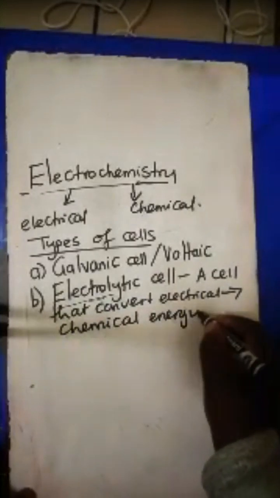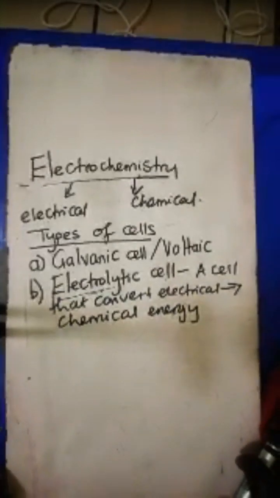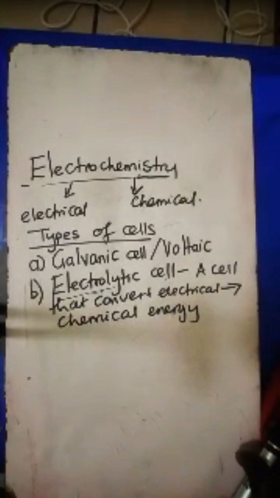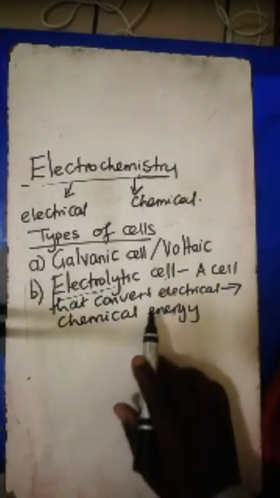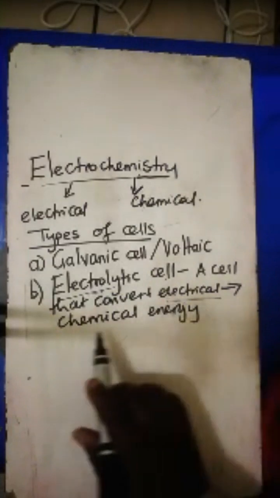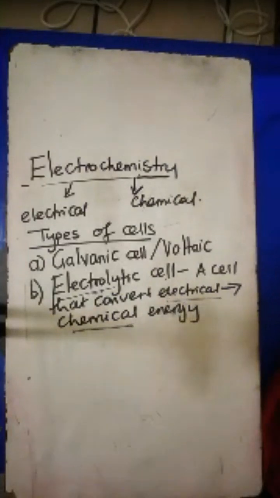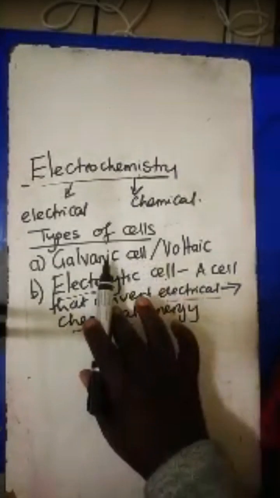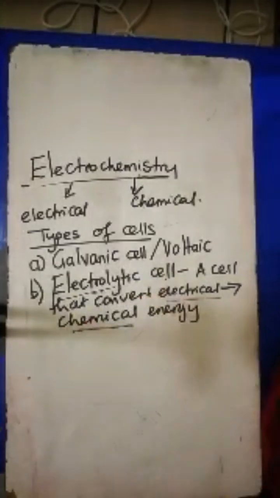Remember, I said there are two types of cell. One is called galvanic or voltaic. One is called electrolytic. So if an electrolytic cell converts electrical to chemical, who can tell me the galvanic cell will convert which energy to which energy then? The galvanic cell.